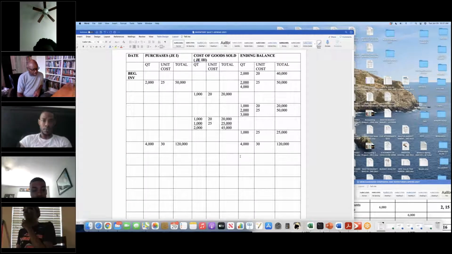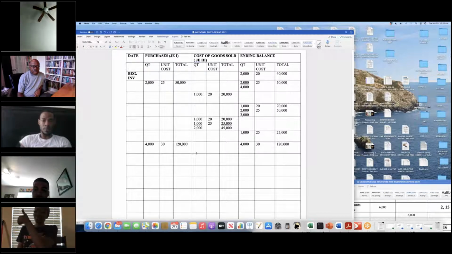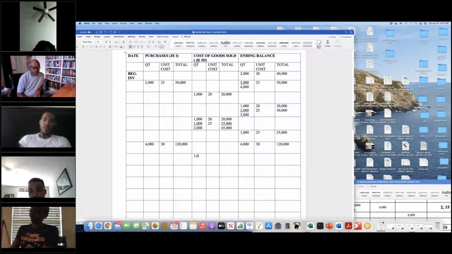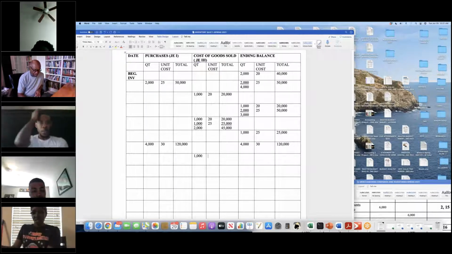to accumulate the cost. Now, we have a sale of 3,000 units, right? So we're gonna sell 1,000 at 25, and then 2,000 at 30.